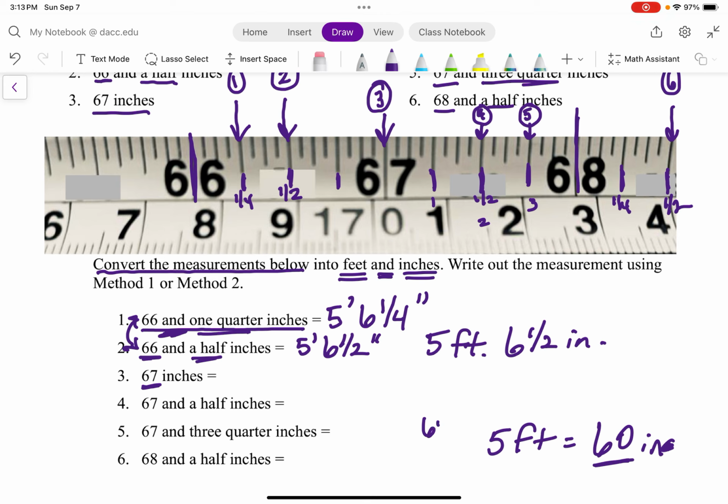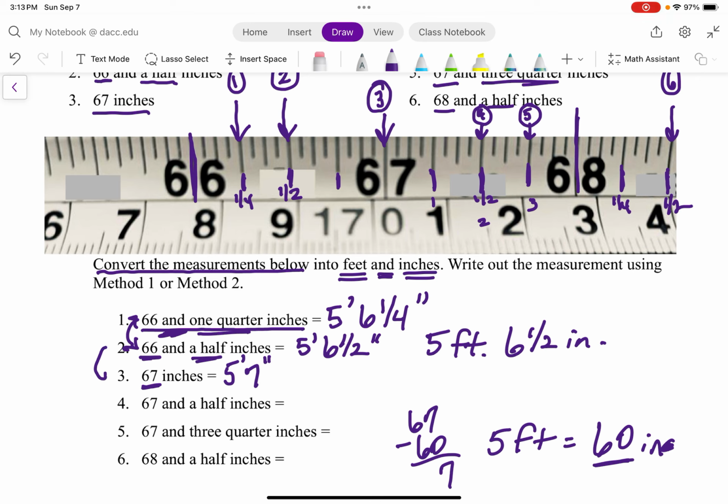So 67 minus the 60 inches that are 5 feet. We have 7 inches left. So then that could be 5 feet 7 inches.